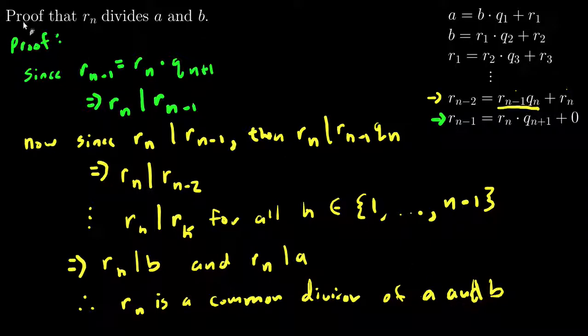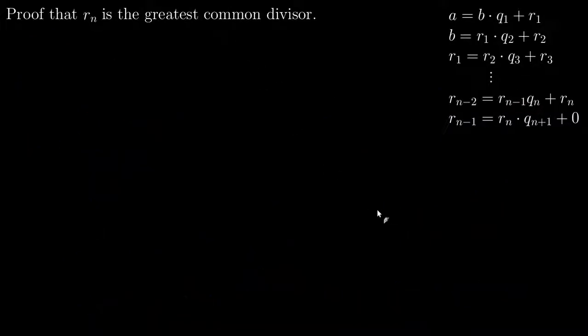Okay, so that shows that it is a common divisor. But it hasn't shown that it's the greatest common divisor. We're not sure at this point whether there's something larger, sitting above r sub n, that also divides a and b. So that's where the next part comes in.